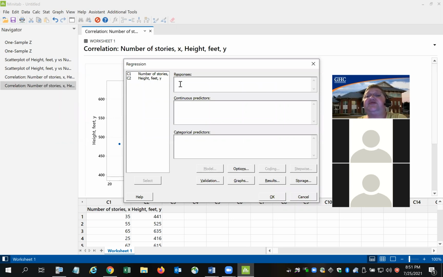Okay, then it asks me for the response variable. The response variable is always the Y. Then we have to choose the continuous predictor. The continuous predictor is always the X. Once I have my variables selected, I tell it OK.